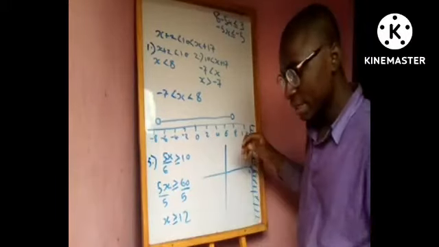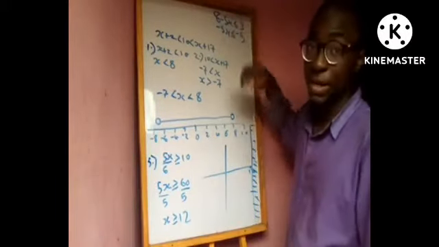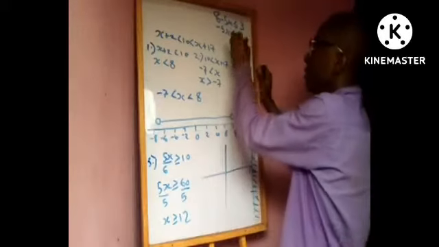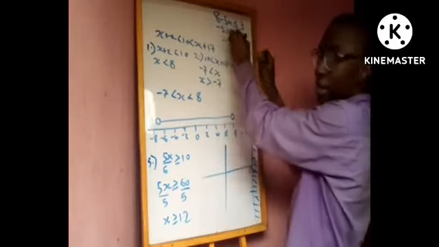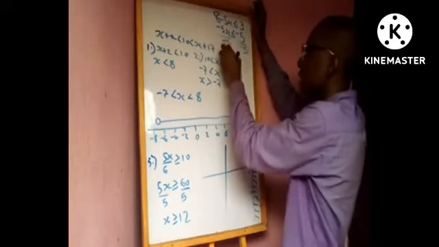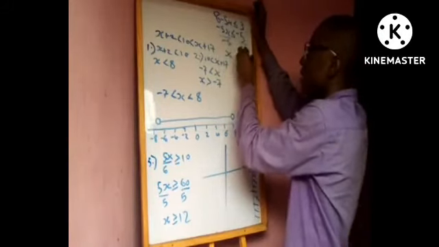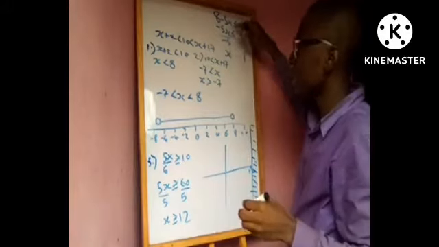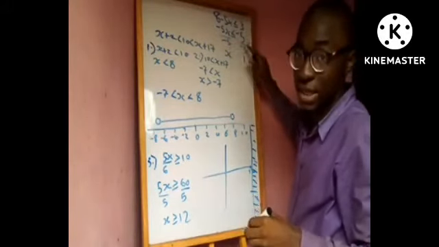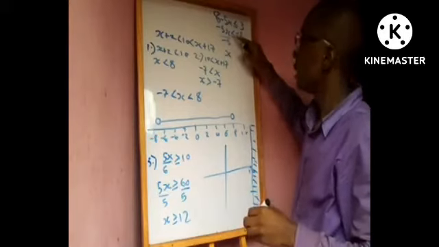Now what we'll do next is divide both sides by the coefficient of x, which is minus 5. So minus 5 cancels out on the left-hand side, leaving x. On the right-hand side, minus 5 divided by minus 5 is what? 1. But when we divide both sides of an inequality by a negative number, the inequality will change sign.